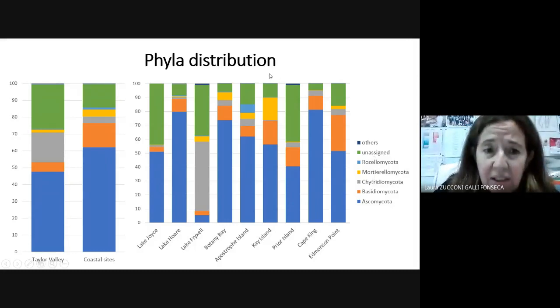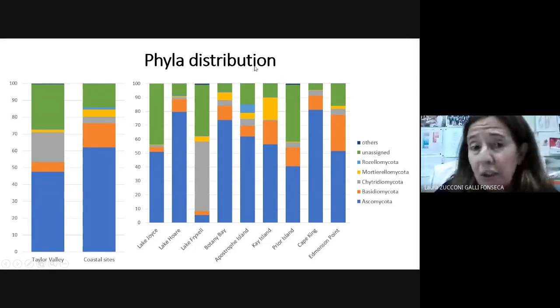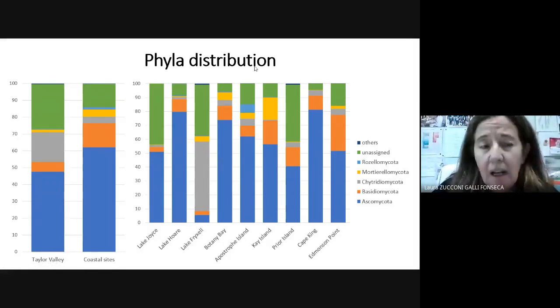A further interesting datum that is not new is the absence of a core community. Neither for the coastal sites, nor for the inner sites, nor for all the sites as a whole. So no species was found in almost all the samples collected.